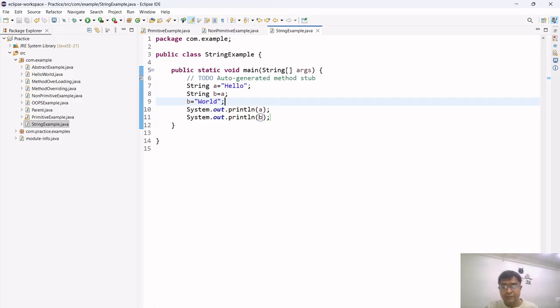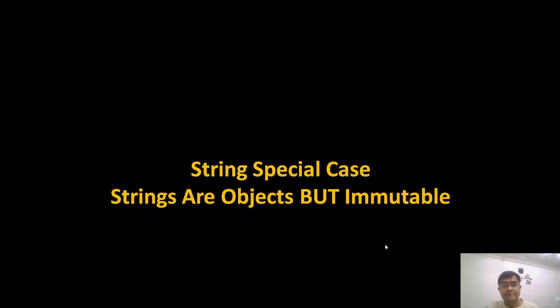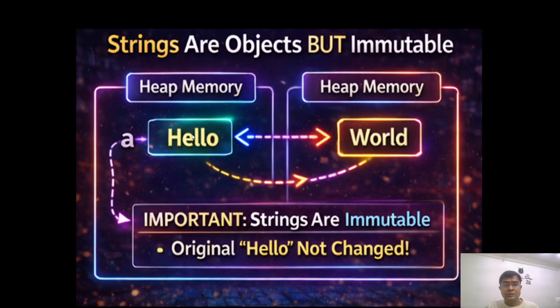Now let's move further. So you can see inside the heap memory, a hello object is created here, and the world object is created here. Both are different.